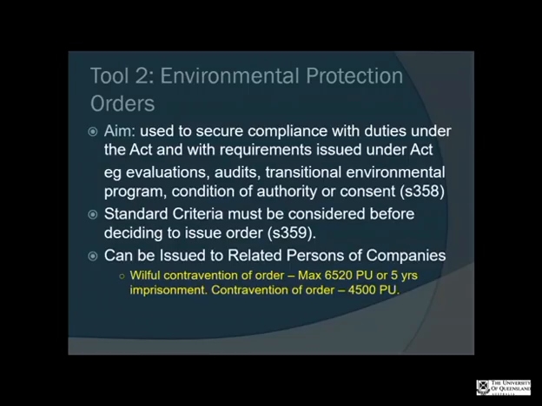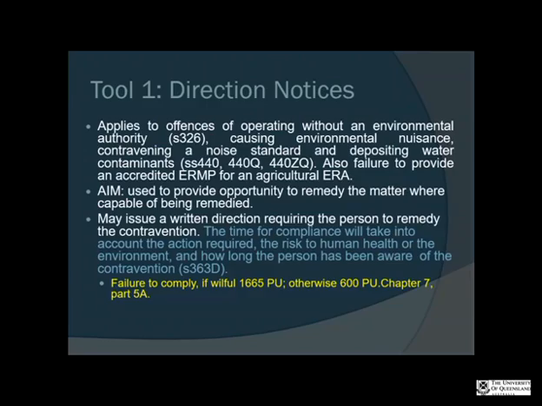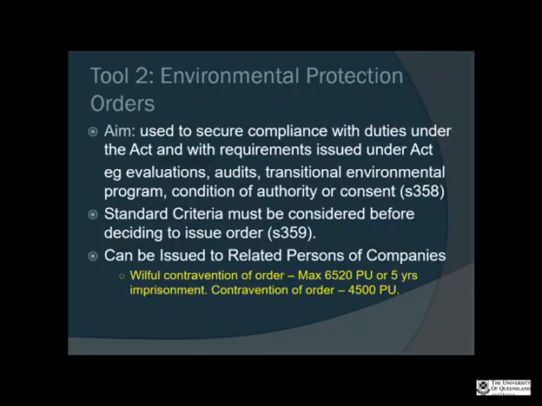Remember the page before, it was 1,665 penalty units for non-compliance. The maximum penalty here is 6,520 penalty units, or 5 years imprisonment, okay, for willfully contravening an order. So if you willfully do not comply with an environmental protection order, you could face imprisonment and you could face a very, very hefty bill.